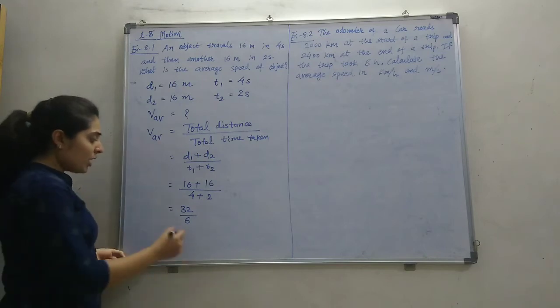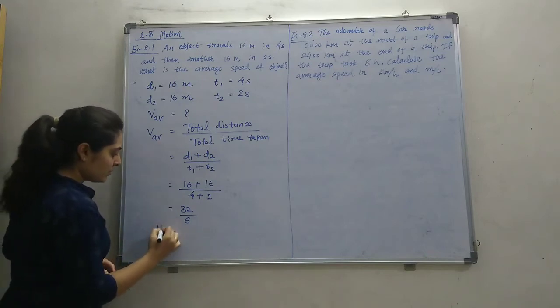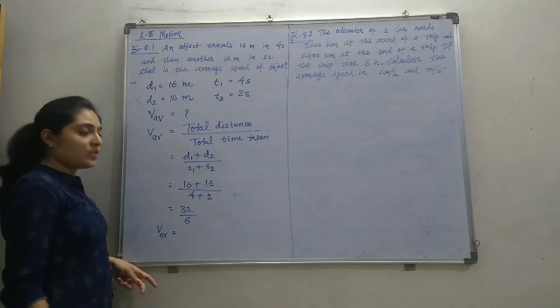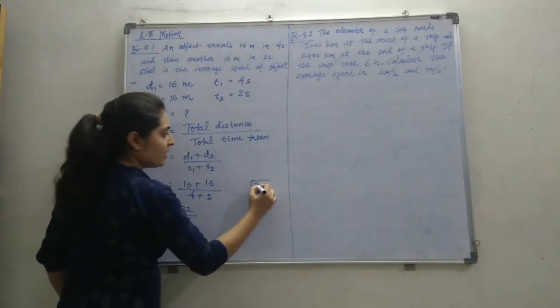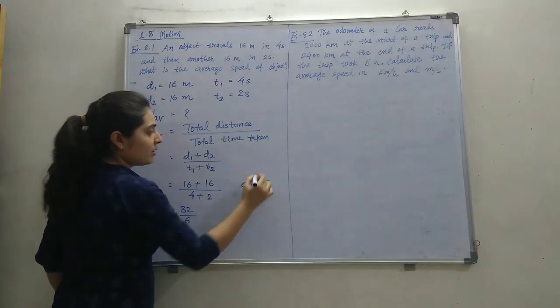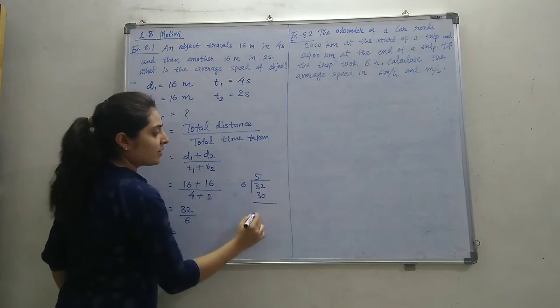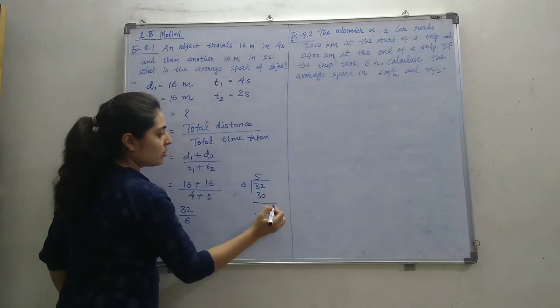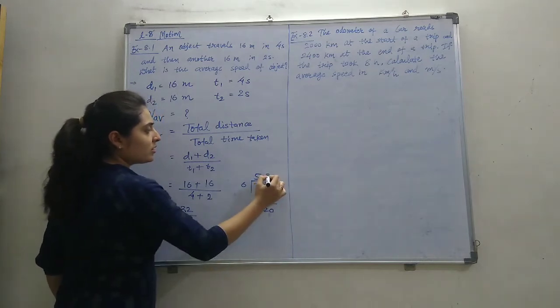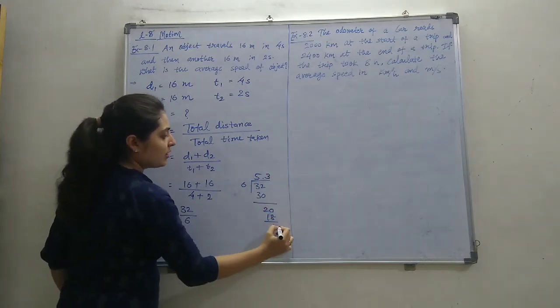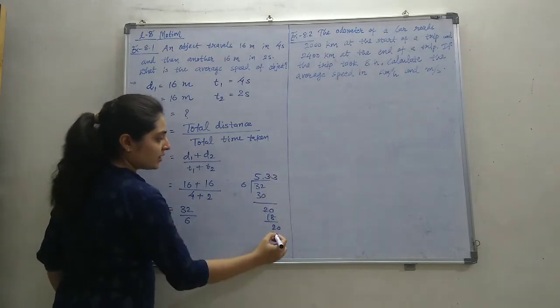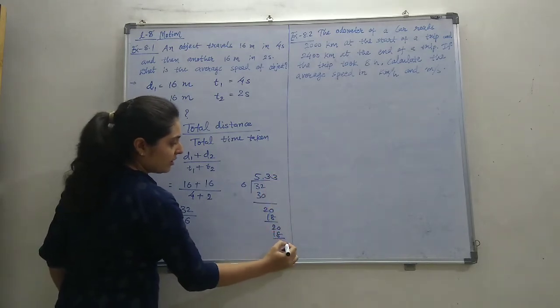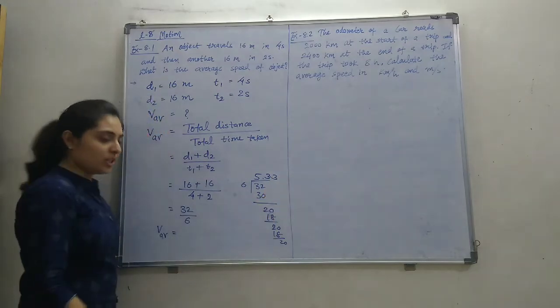So let us divide 32 by 6. 6 5s are 30, 2 remaining, decimal point, 6 3s are 18, 2 remaining, 6 3s are 18, 2 remaining. So this will continue.